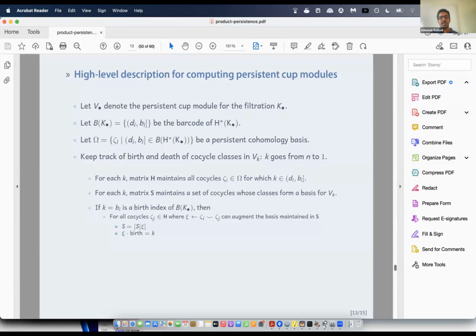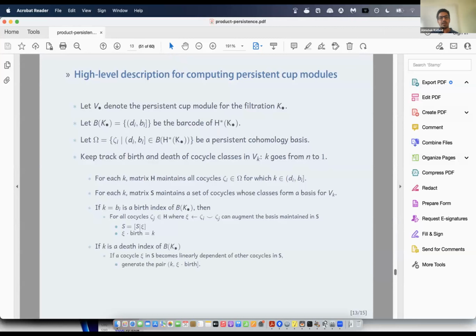We take all these products, and using an independence check, we see if we can augment the basis that is maintained in the matrix S, which contains the set of product cycles that are alive at this point. If we can augment this basis, then we do so, and we annotate the birth index of this co-cycle by k. That means that we have found a new interval, and we now know only its birth index.